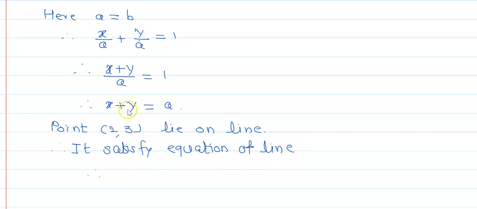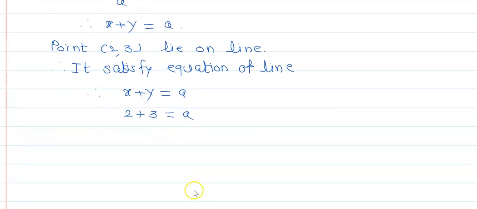Therefore if we substitute x is equal to 2 and y is equal to 3 in x plus y is equal to a, here 2 plus 3 is equal to a. Therefore a is equal to 5.